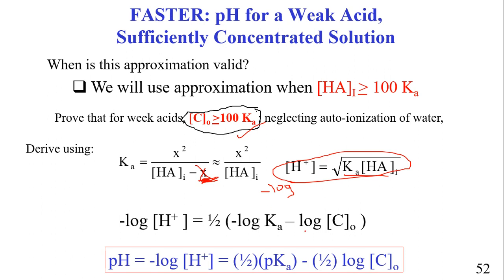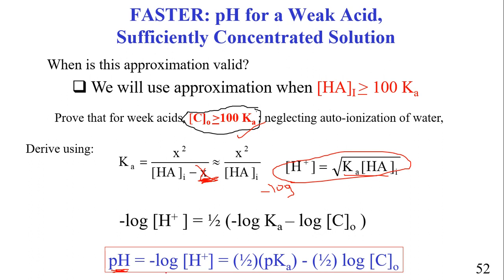Okay, let's continue with this. I'm taking the half to the inside, so this is also minus half log C0. Of course, C0 is the concentration of the acid in the solution. Great, and this is all you're going to need. If I have a weak acid and I want the pH, I would say the pH equals half pKa minus half log C0.